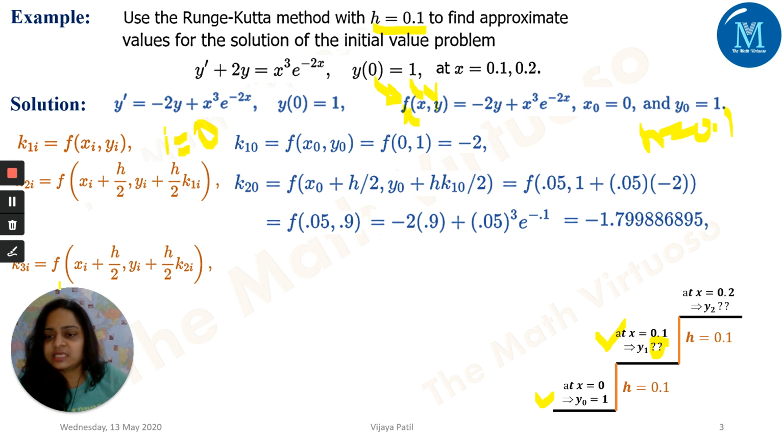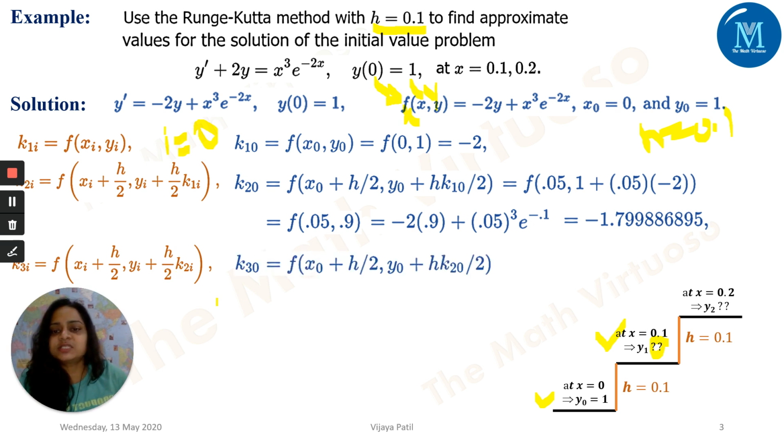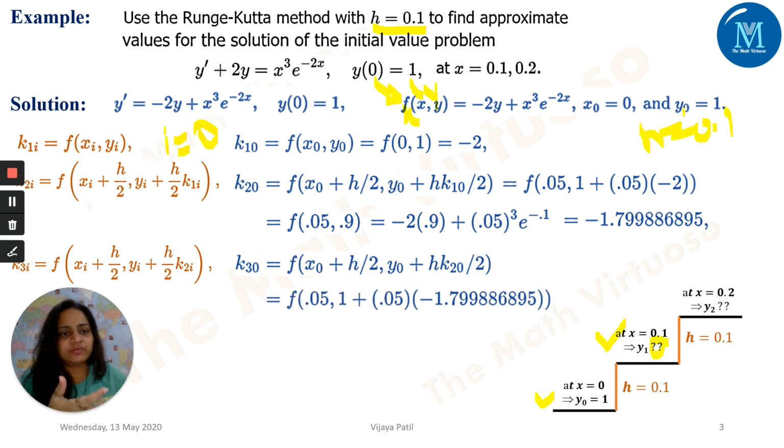So k3i is equal to f of xi plus h by 2 comma yi plus h by 2 k2i. This is k30, equal to f of x0 plus h by 2 comma y0 plus h k20 by 2. Again, the same procedure: x0 is 0, y0 is 1 and h is 0.1.